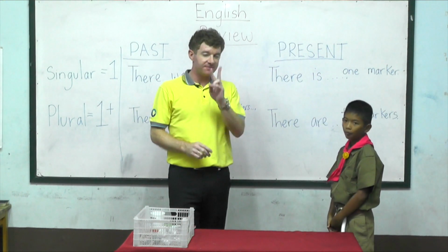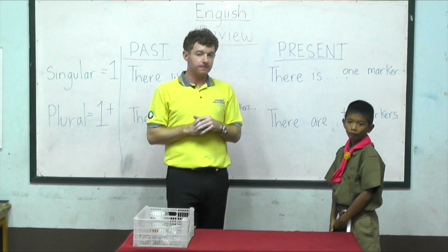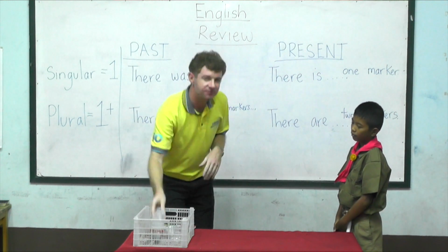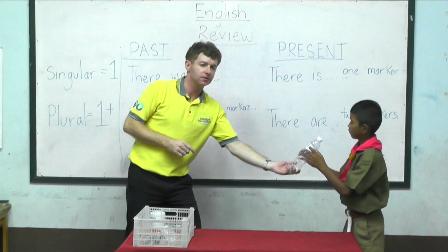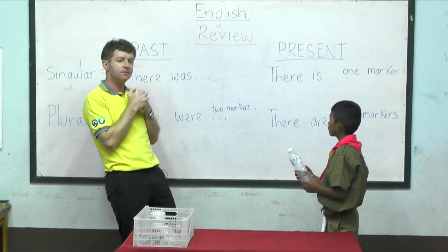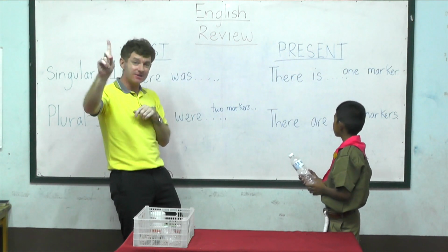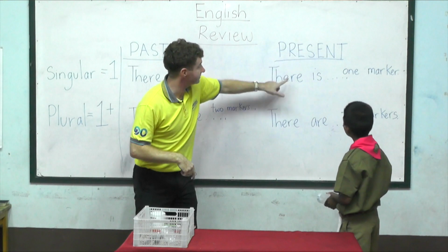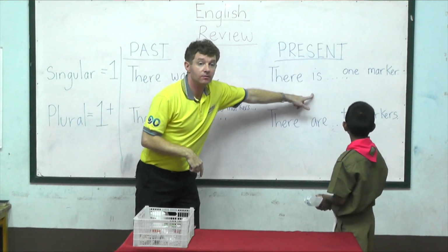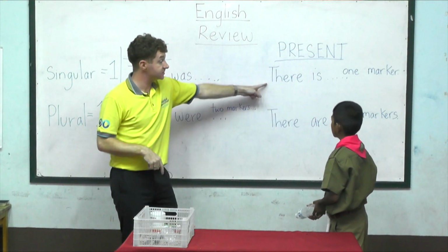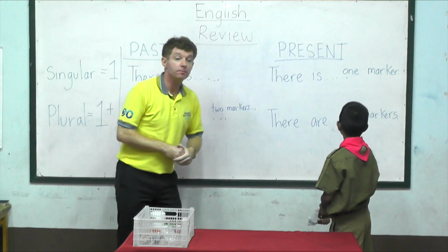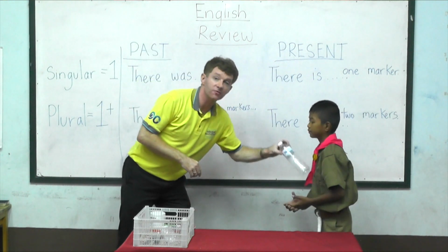So let's see. Nadia had 2 bottles, plural. But how about if I give Pat just 1 bottle? Present tense, guys. There is 1 bottle. Yes. Singular item, present tense. There is 1 bottle. Can we say, Pat? There is 1 bottle.